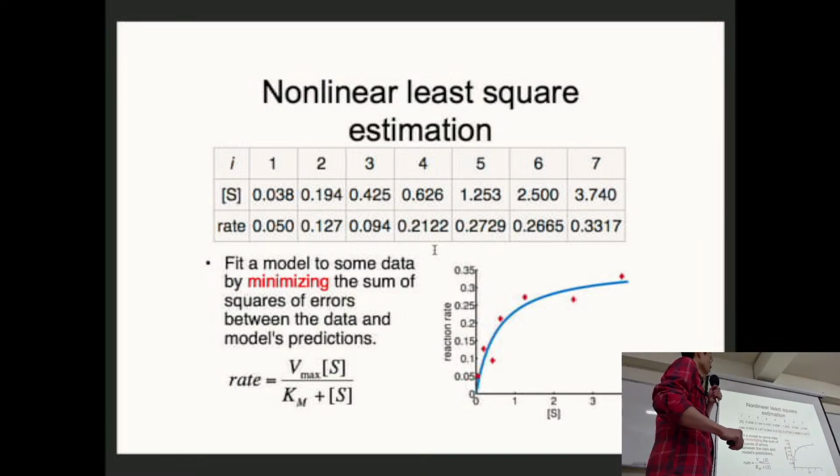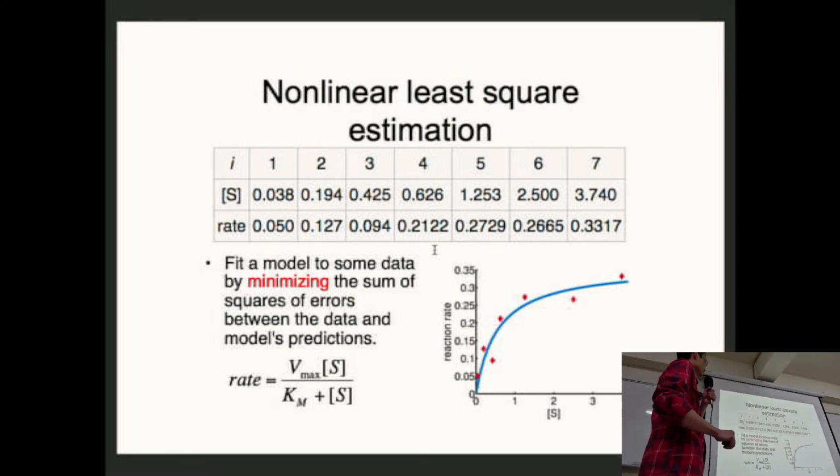However, that relationship is not linear, it's saturating, because we all understand that if we increase the concentration, the reaction rate increases, but if we continue to increase it, it's going to be limited by some other chemical concentrations. Right? So it's going to saturate, something like that.